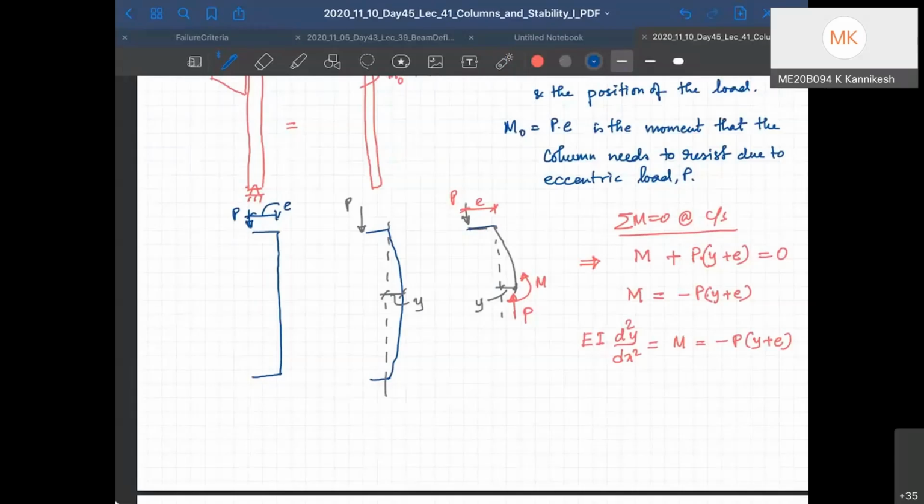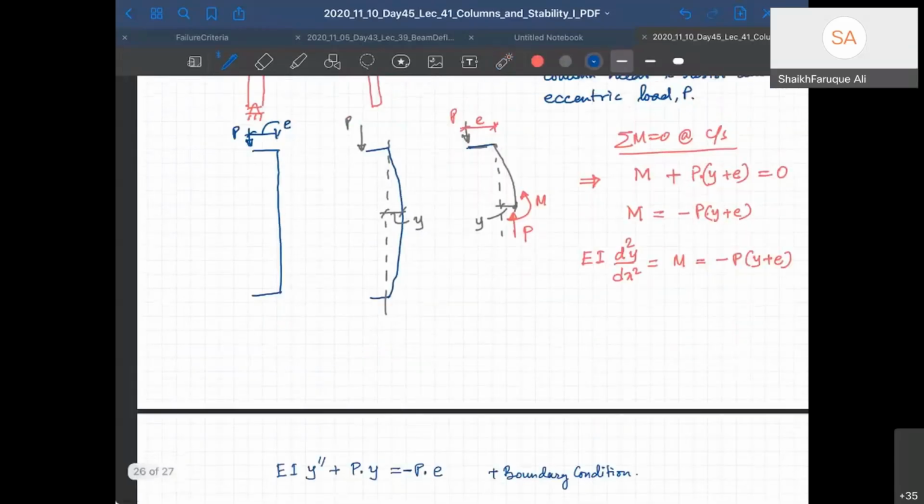If I take this load to this point, it is the same as writing this. Here there is a load P and a moment m0 equal to P into e. It's the same as writing that.